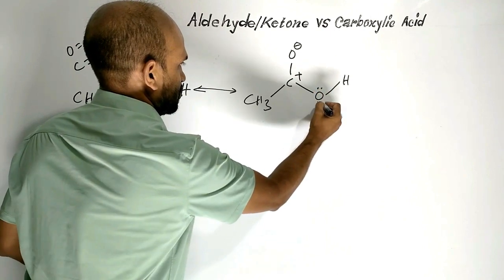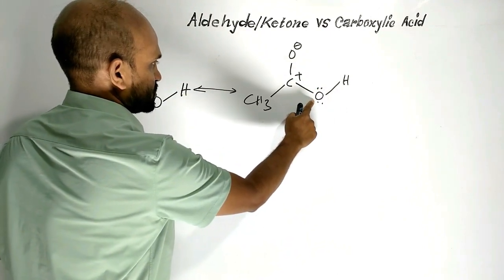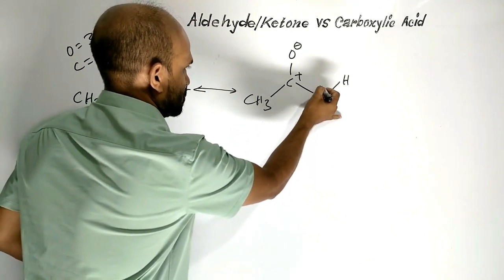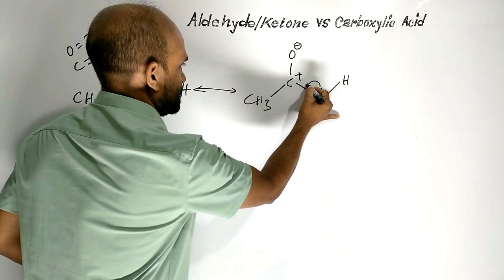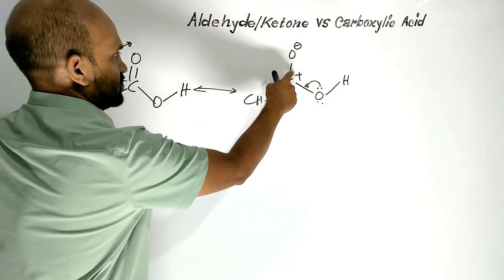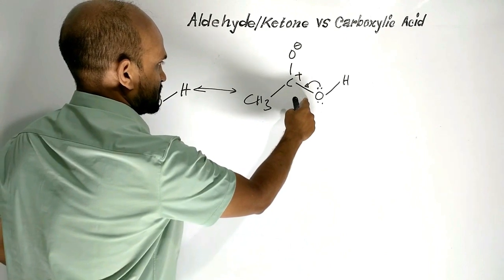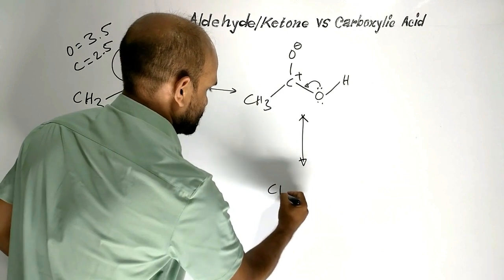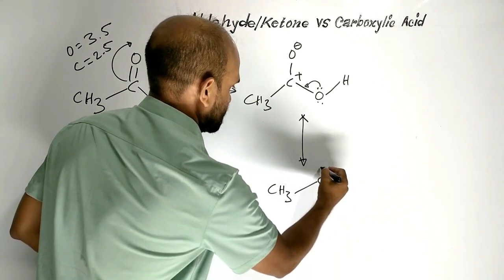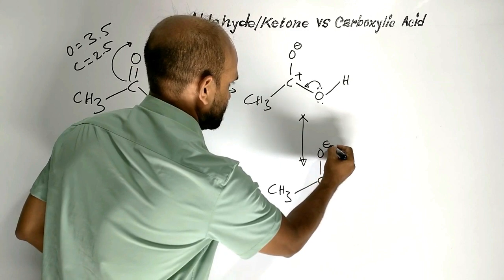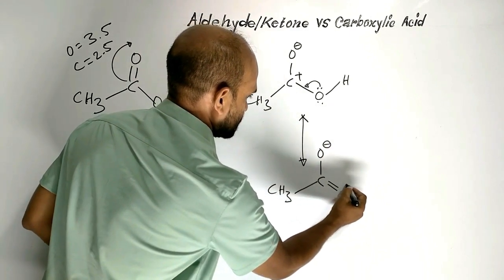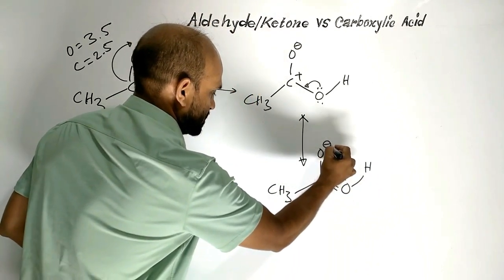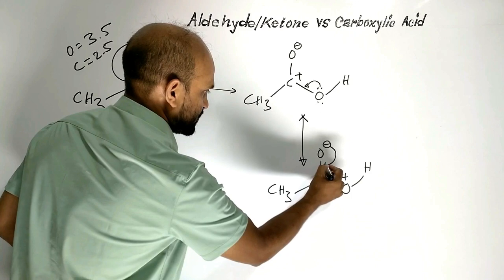Here, oxygen carries two lone pairs of electrons. Then these lone pair of electrons turn into a bond pair and positive charge shifts to the oxygen to form this structure: CH3, here oxygen, negative charge, double bond, oxygen, positive charge, here hydrogen. Again, these lone pair of electrons turn into a bond pair.